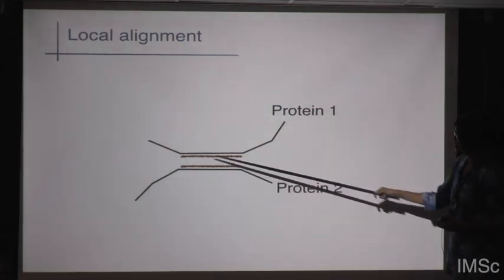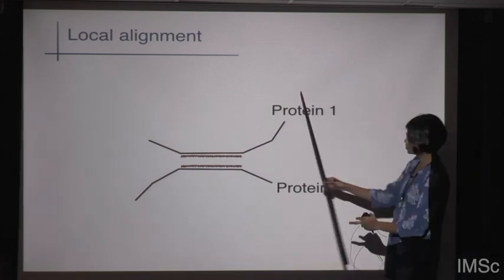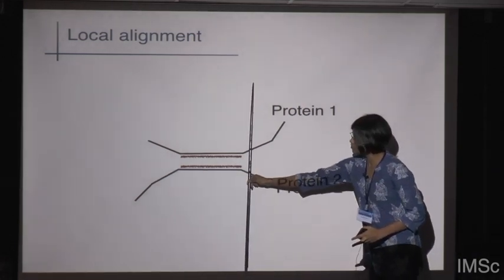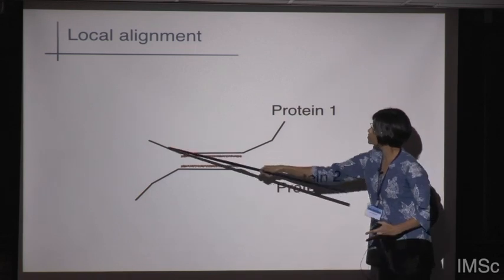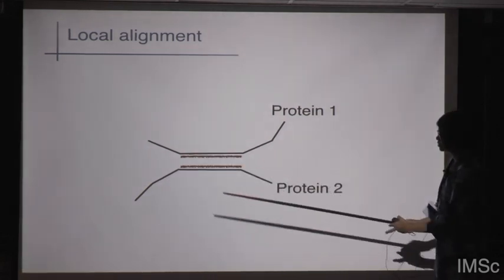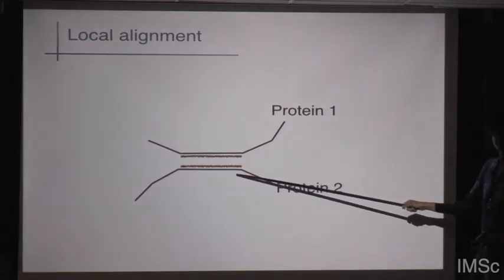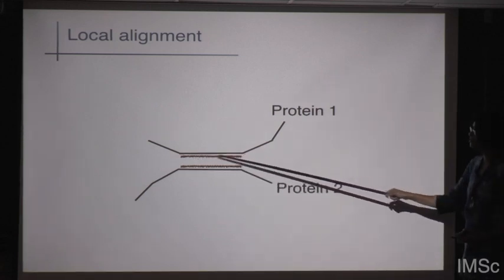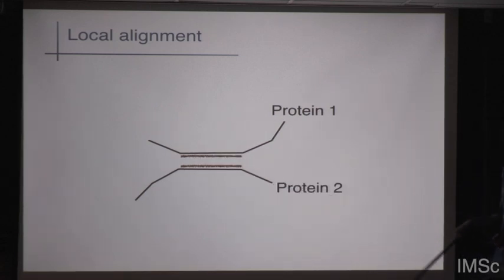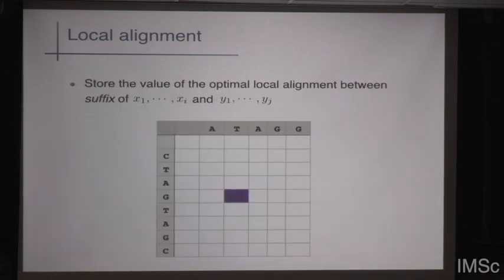So if you cut the thing here, this is a prefix. Okay, so this is one prefix, this is another prefix, and this common thing is the suffix between the two of them. Does that make sense? No? Okay, let's move on and see.